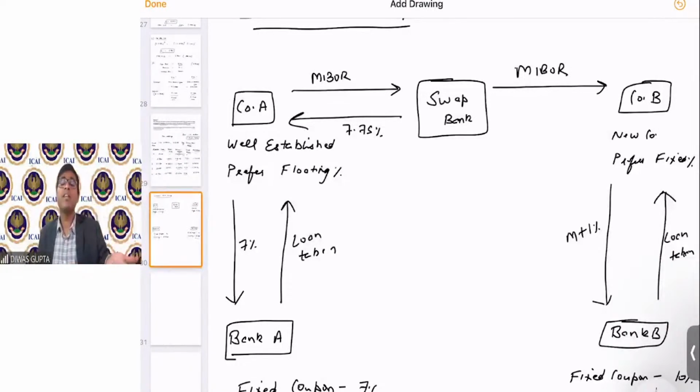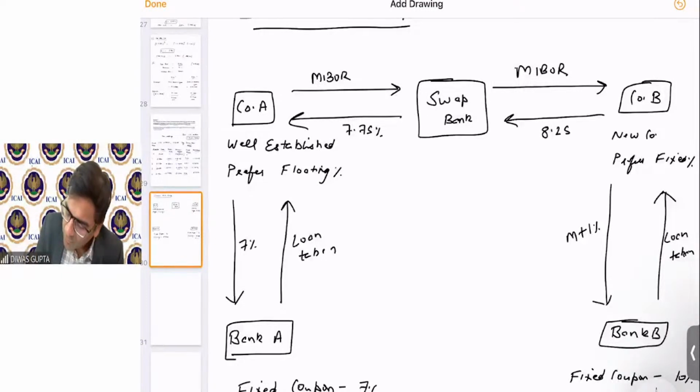Let's say today MIBOR is 7%. Tomorrow it will be 8%. Then one month from now it can be 10%. Then it can be 7% back. So whatever it be, I will pay you exactly MIBOR. Using that, you pay your loan liability, which is MIBOR plus 1%. And in place of MIBOR, you pay me 8.25%.